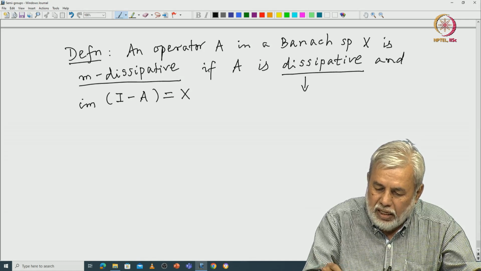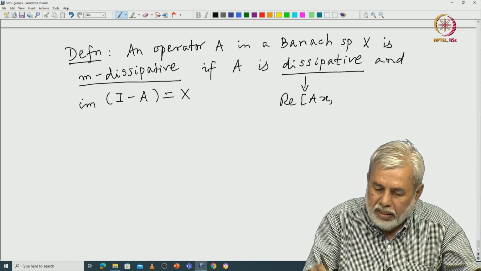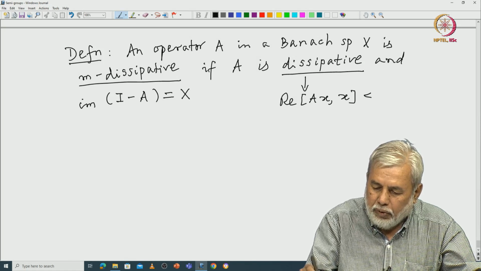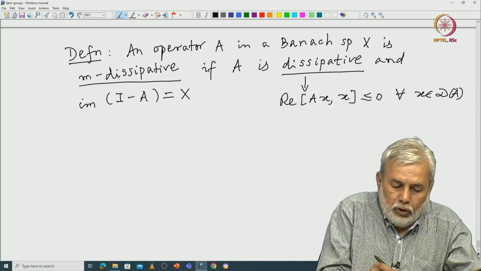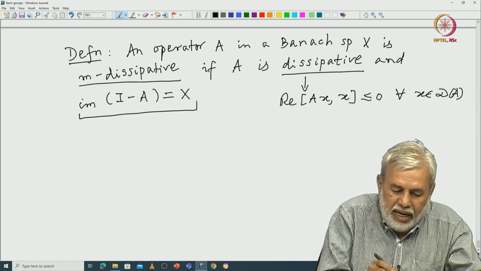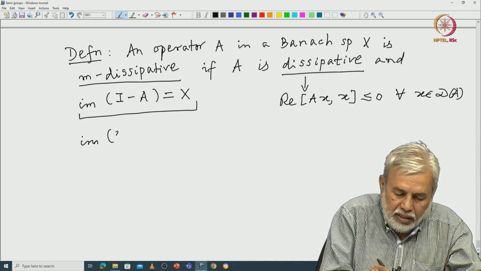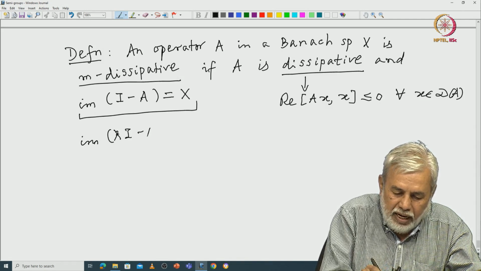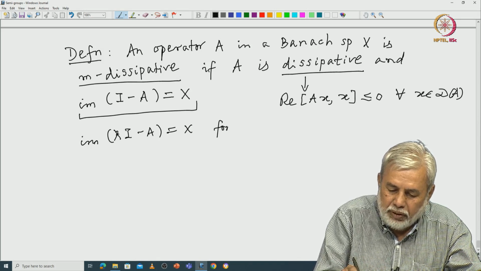This is real part of (Ax, x) less than or equal to 0 for all x in D. So, the range condition can be replaced by: for some lambda positive, the image of lambda I minus A is X, that is sufficient.